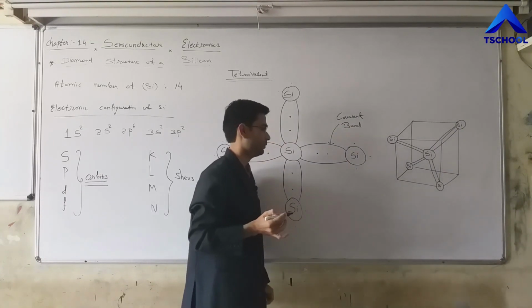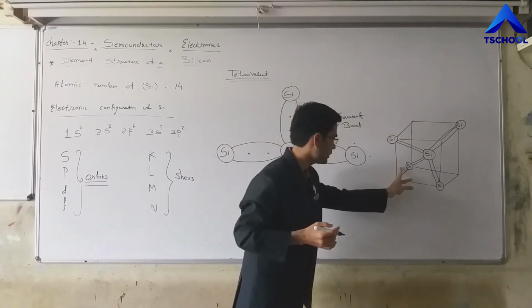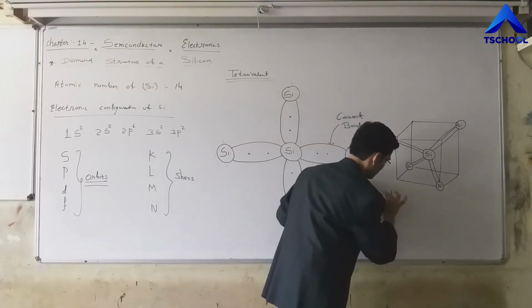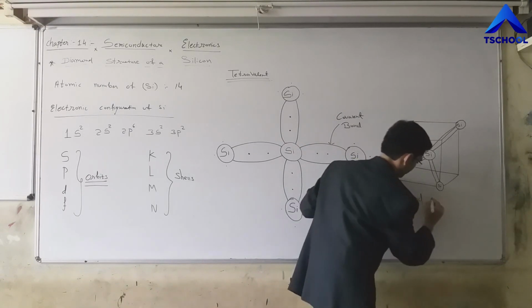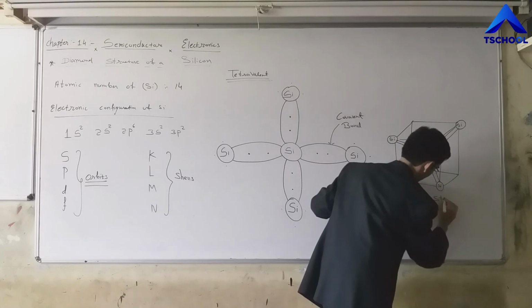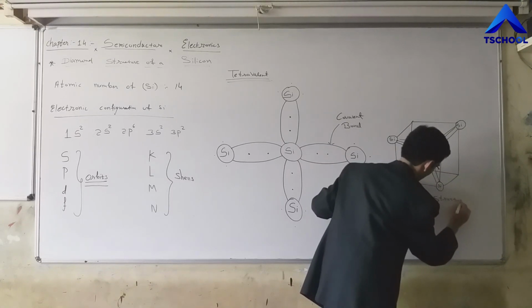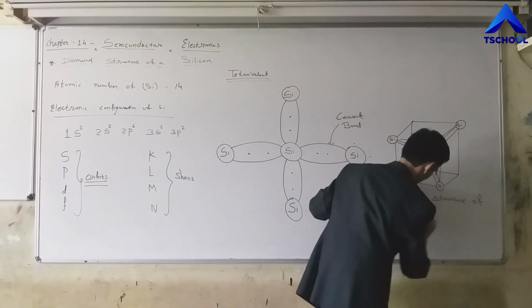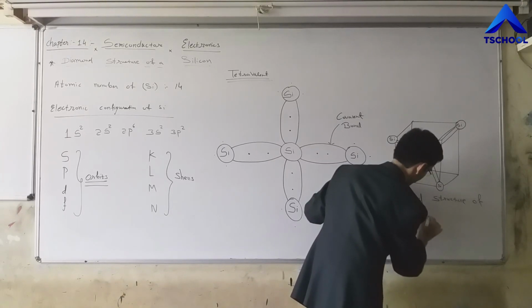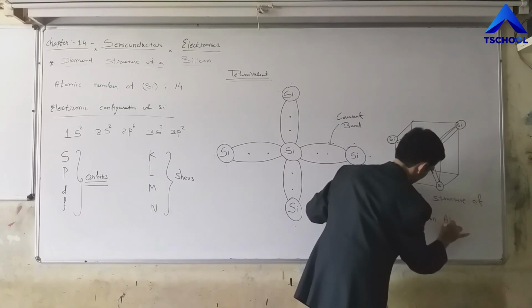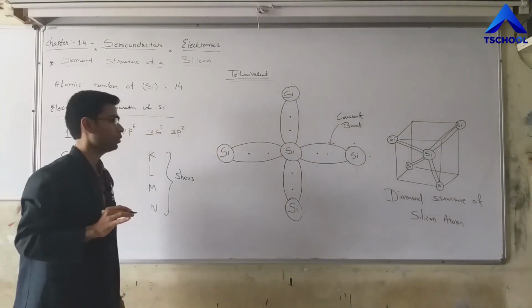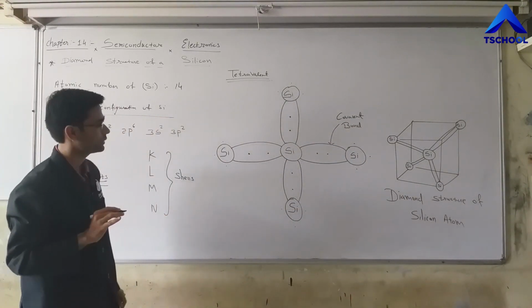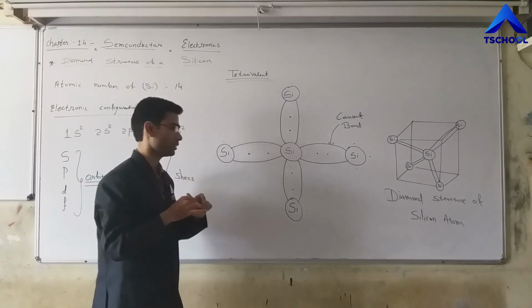In 3D we can see the diamond structure in this way. This is the diamond structure of the silicon atom. Silicon has a diamond structure.